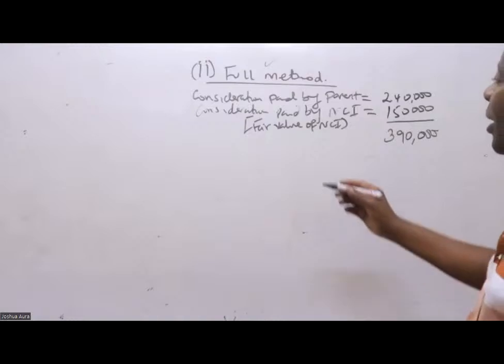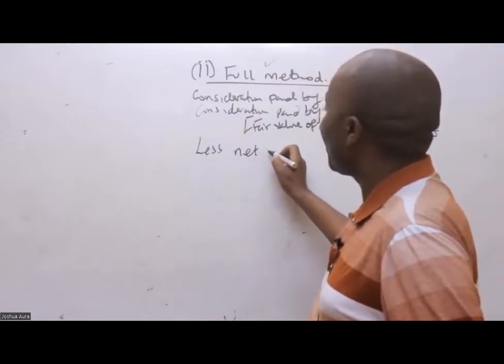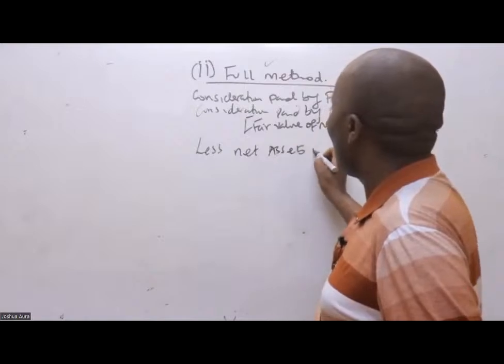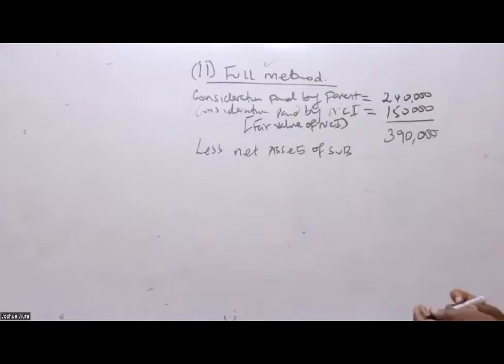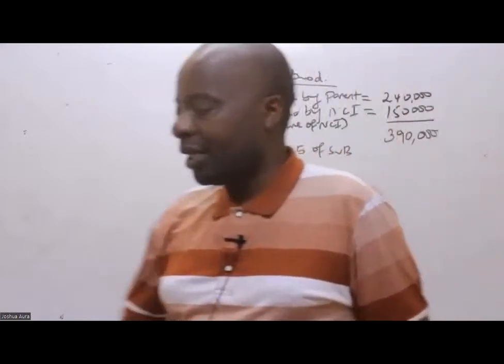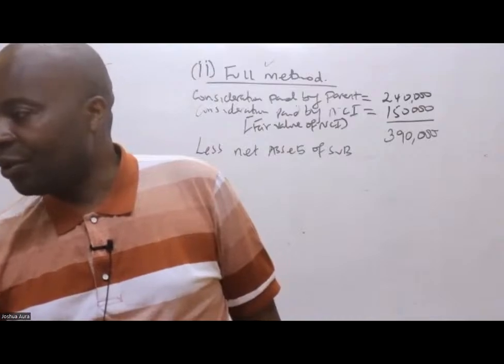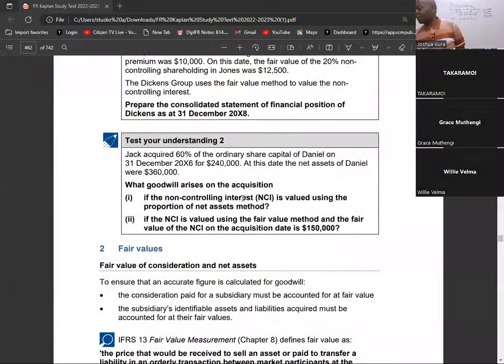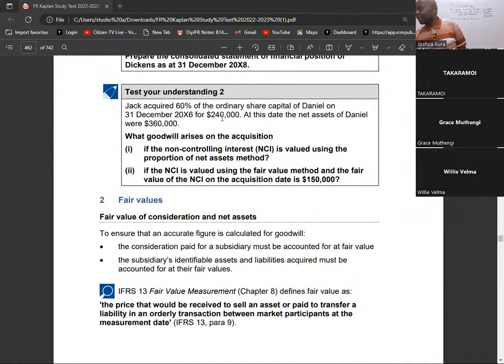From there, we shall come under less net assets of the subsidiary. Are you able to see the net assets of the subsidiary? The net assets of the subsidiary told us is 360,000.